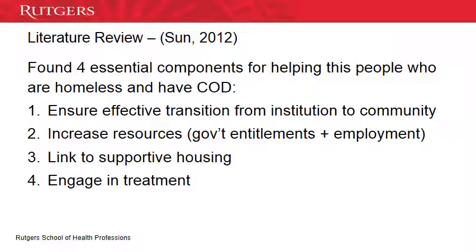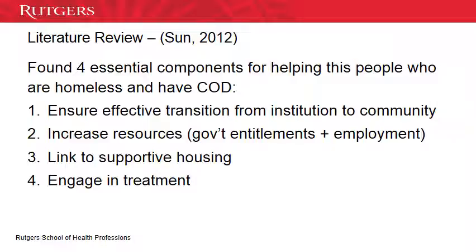So the first one is effective transition from institution to community and ensuring how to make that the most effective transition you can. Number 2, increasing resources to this population, and that is a twofold approach.